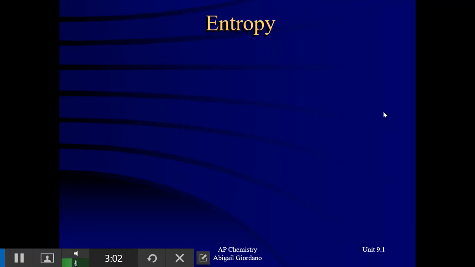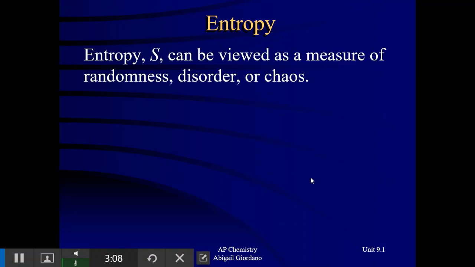One of the tools we're going to use to help us make that determination is the concept of entropy. Entropy is abbreviated with a variable, a capital S. Let's define it. Entropy is randomness, disorder, chaos, messiness.